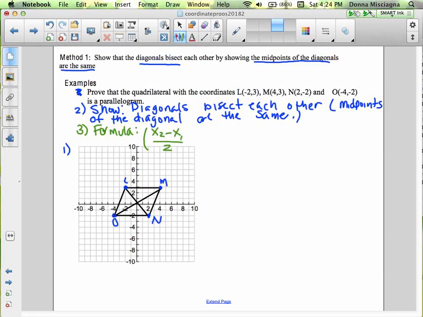That gives you the x value of the midpoint. And then the sum of the y values divided by 2 gives you the y coordinate of the midpoint. Midpoint is in the middle, so we're going to average the x coordinates and we're going to average the y coordinates, and that gives us our midpoint. Step number 4 is our work.